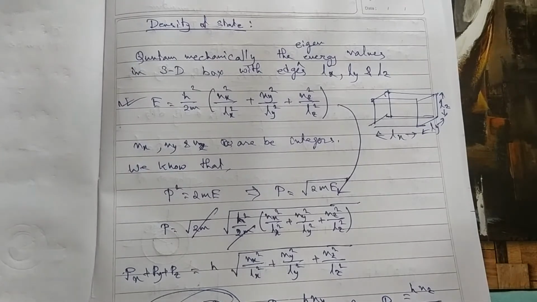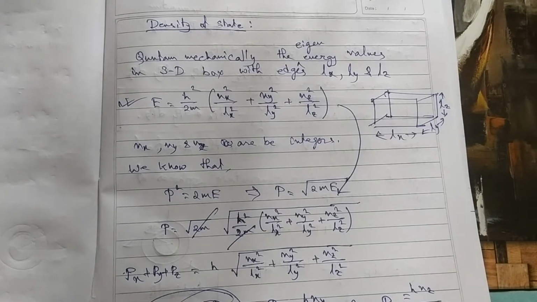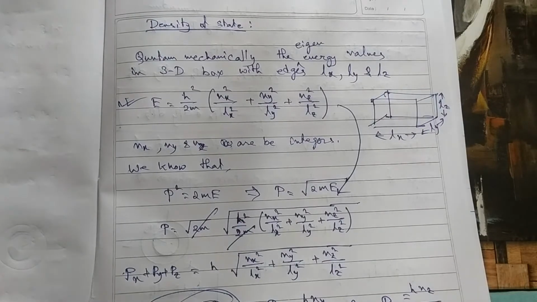For the calculation of the density of state, we need a quantum mechanical concept. We have already constructed an energy equation for the three-dimensional box, because we want to calculate the energy of a particle in a box, suppose in a chamber.